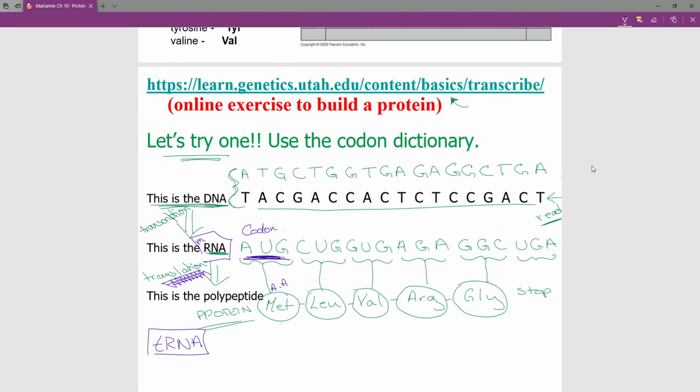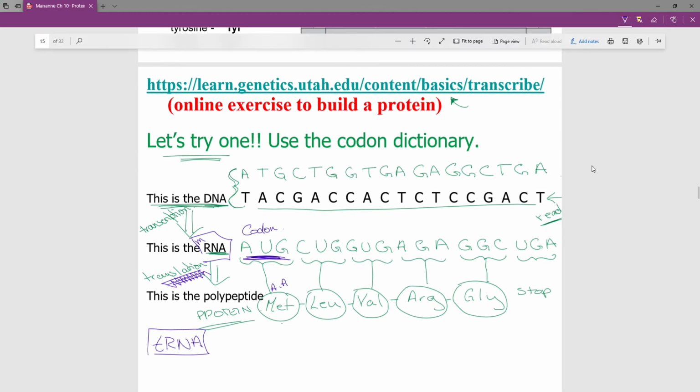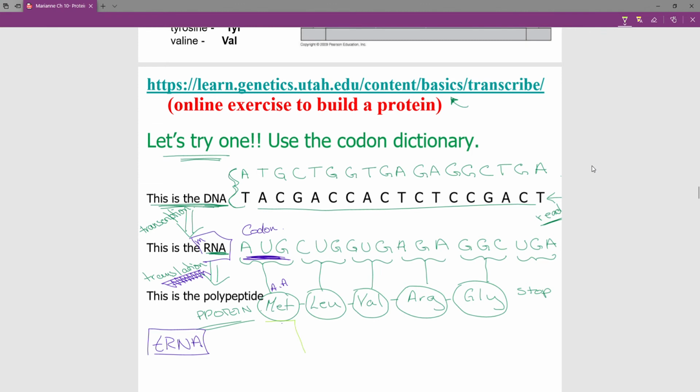We recognized that when we were doing this with the codon dictionary. So the transfer RNA molecule would be holding the amino acid methionine. And if we take a look at the anticodon for this, it would be UAC because those would be the complementary bases to that codon.